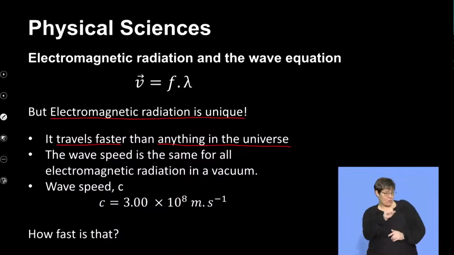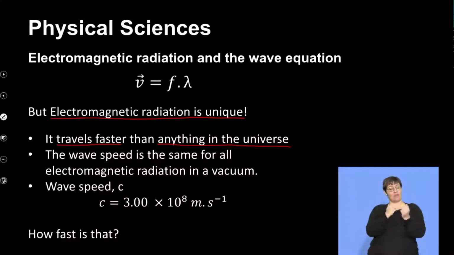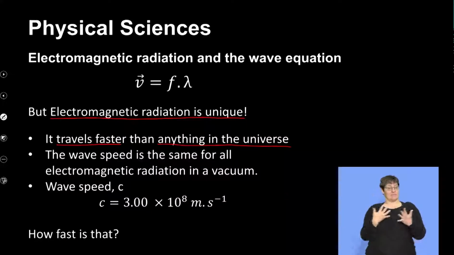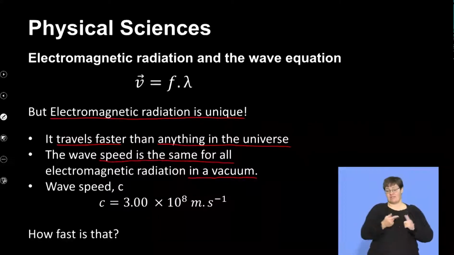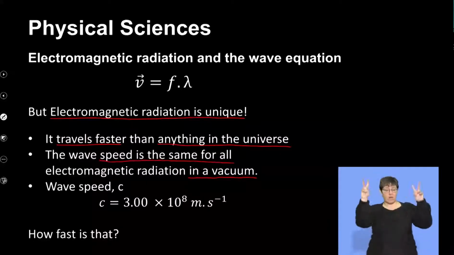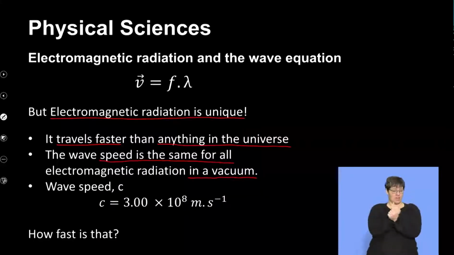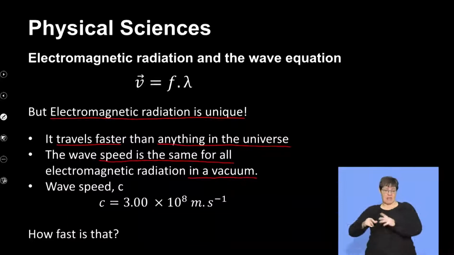Interestingly, and part of why electromagnetic radiation is so unique, is that the wave speed for electromagnetic radiation is the same as long as the electromagnetic radiation is passing through a vacuum. Therefore, all electromagnetic radiation, when passing through a vacuum, travels at the same speed.